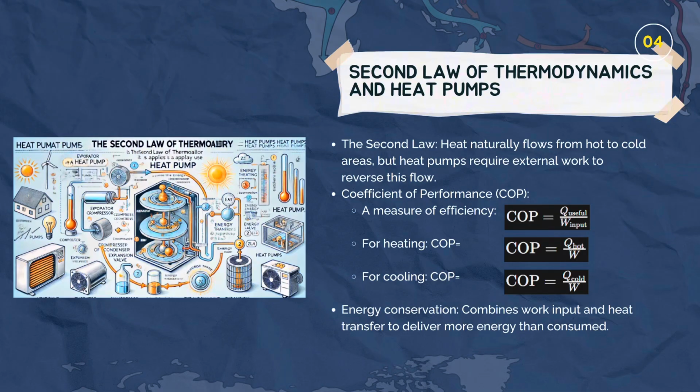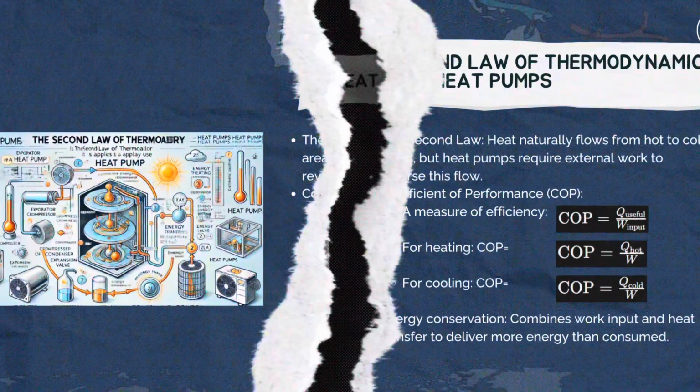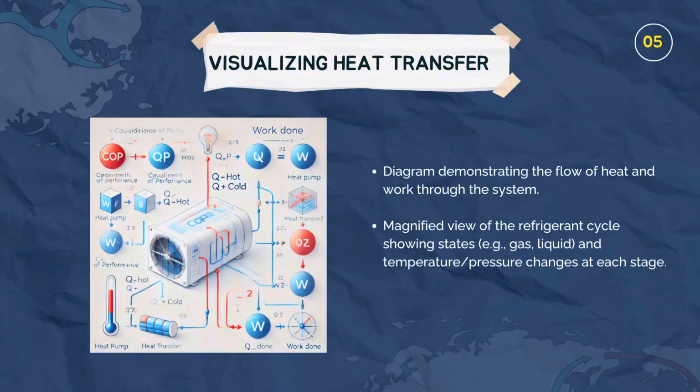Energy conservation combines work input and heat transfer to deliver more energy than consumed. Next, let's visualize heat transfer. This diagram demonstrates the flow of heat and work through the system. This magnified view of the refrigerant cycle shows states like gas and liquid, and temperature or pressure changes at each stage.